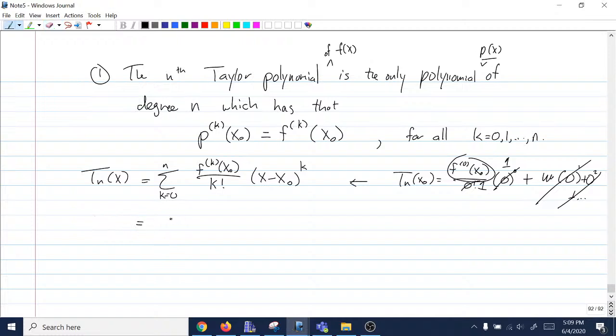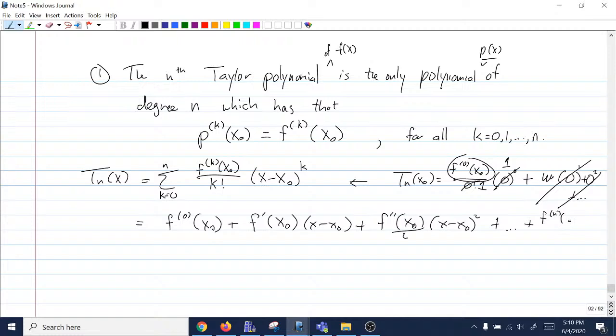This thing is the 0th function at x naught, plus the first derivative at x naught times x minus x naught, plus the second derivative at x naught times x minus x naught squared, divided by 2, plus a last term. When I take the derivative of that, this first term goes away.